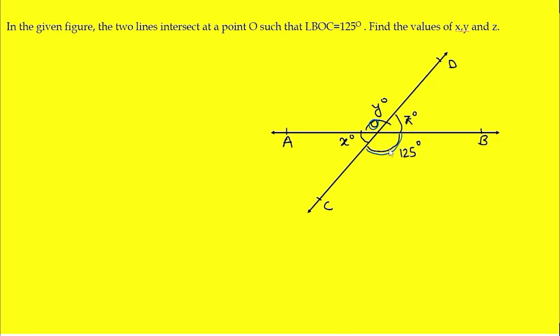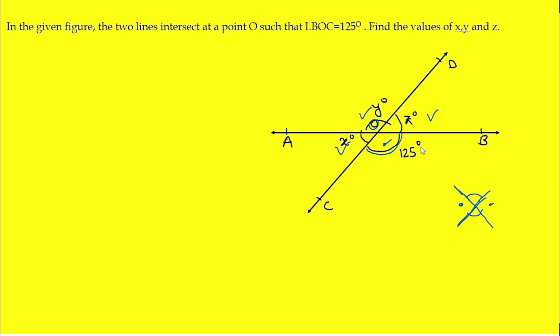Find the values of X, Y and Z. As you already know, when two lines intersect, they form vertically opposite angles.